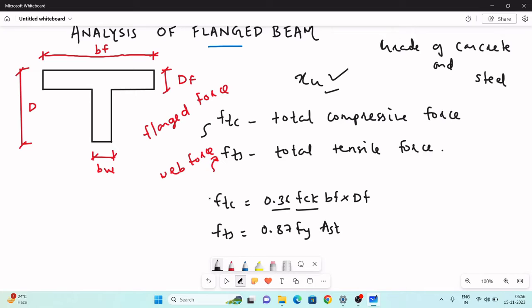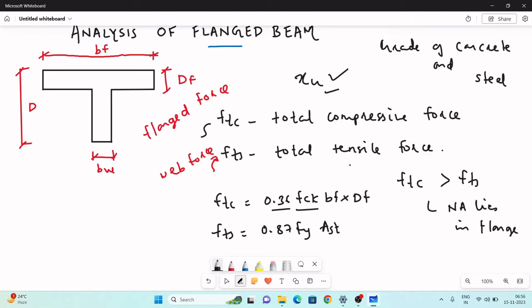So by the given data we can find FTC and FTS. After calculating the values you have to compare. If FTC is greater than FTS, then you can say that the neutral axis lies in the flange. By the way, case number one is very easy to solve, but cases 2 to 4 are complex, and we will see how they can be solved.